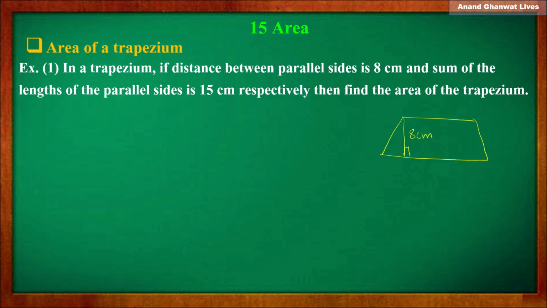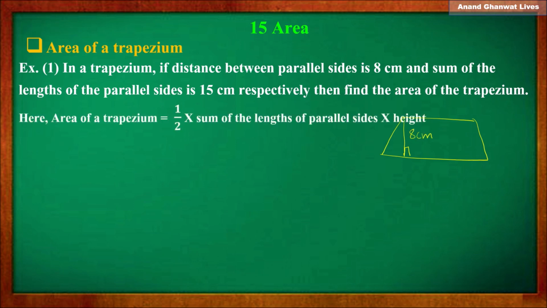Now area of trapezium is equal to 1/2 into sum of the lengths of the parallel sides into height. So it is equal to 1/2 into 15 and into 8. 2 1s are 2 and 2 4s are 8. 15 into 4, that is 60 square centimeter. So area of a trapezium is here 60 square centimeter.